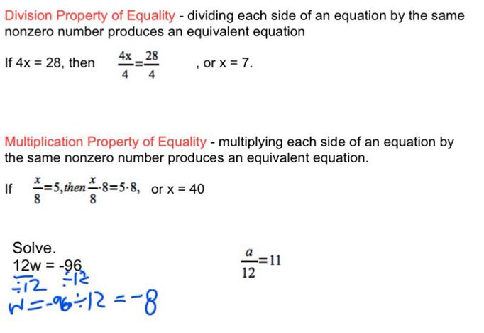And again, one way to make sure that this is right is to plug this number back in where the w is. -8 times 12 is equal to -96. So you got your answer right there.